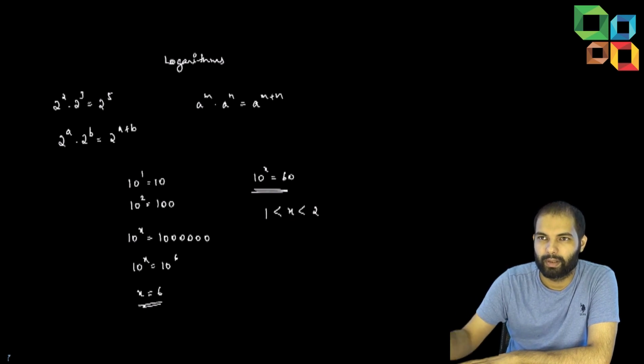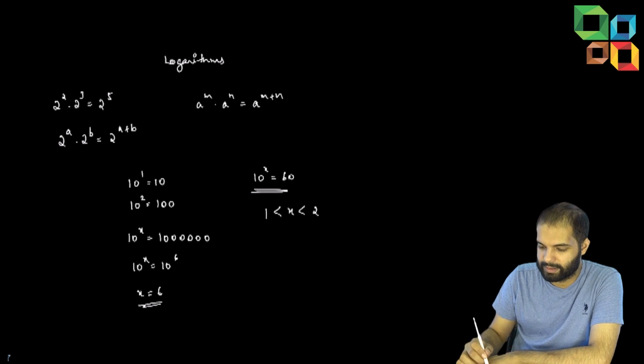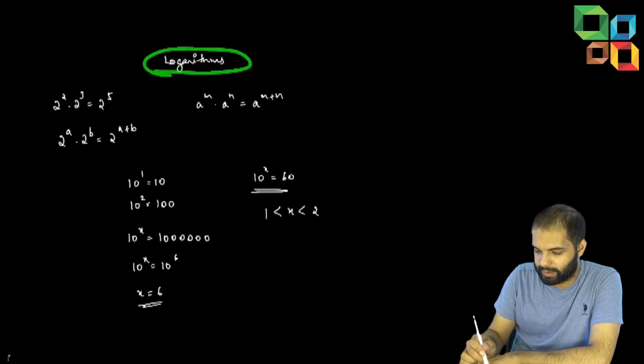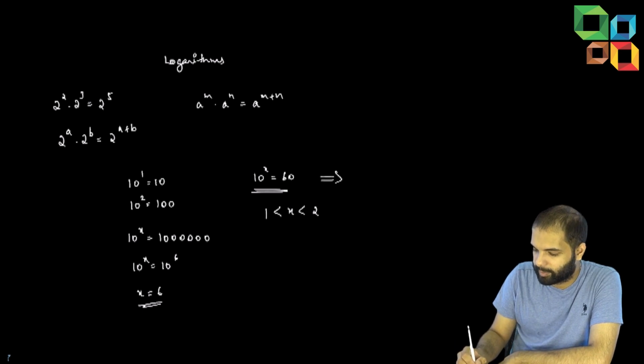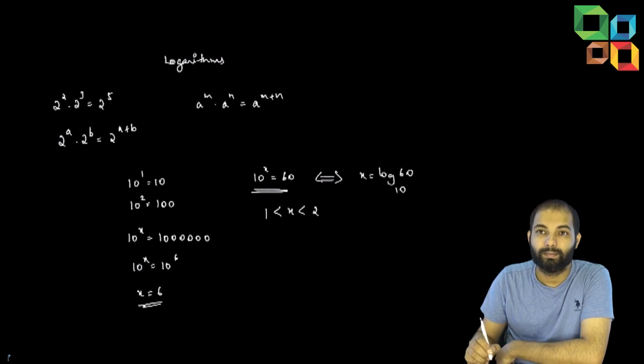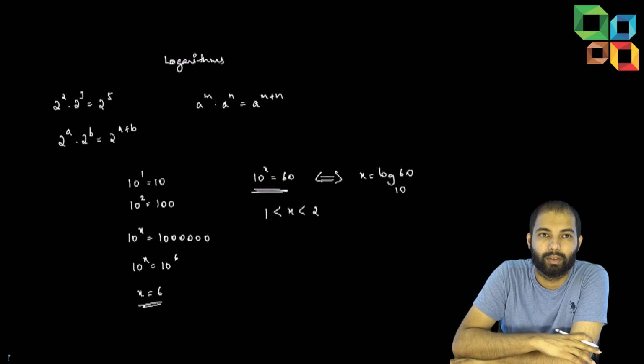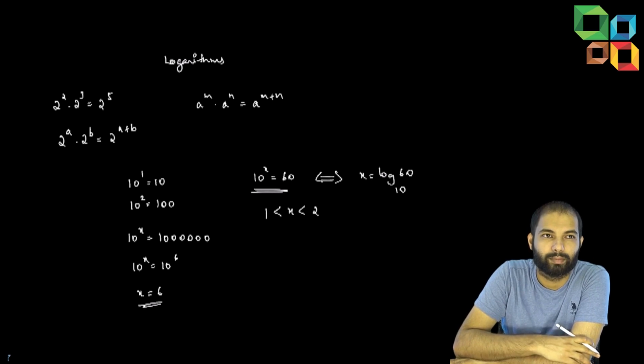Now this is the reason we need logarithms, to figure out what this value is. Just look at this. The same statement can be written as x is equal to log 60 base 10. Just make a note.